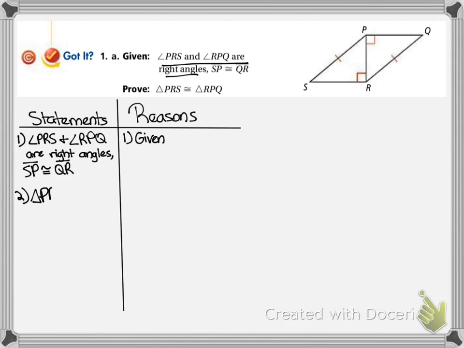So triangle PRS and triangle RPQ are right. It told us the angles were right, so therefore we know the triangles are right. That would just be your definition of a right triangle: a triangle with one right angle is a right triangle.